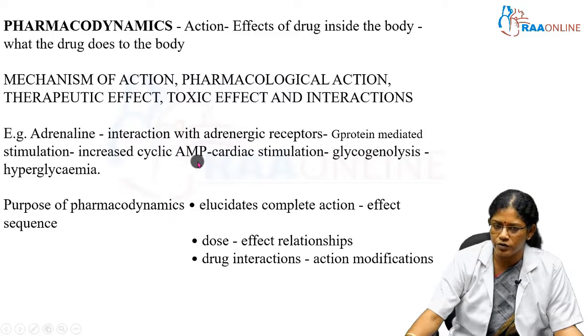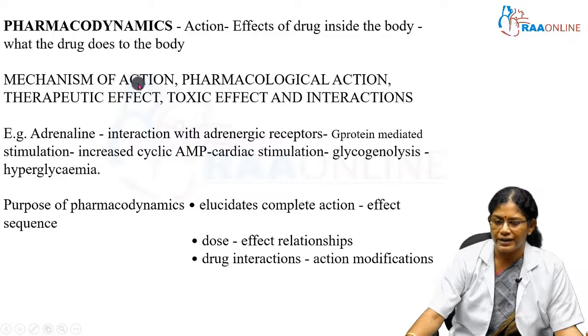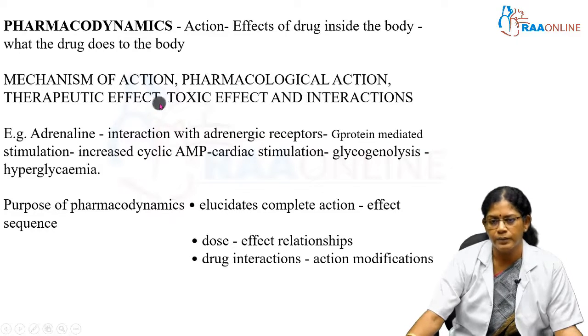These are the effects produced by adrenaline. These are the therapeutic effects. Naturally, adrenaline side by side produces certain unwanted effects. Glycogenolysis, that means it increases the glycogen breakdown, that means the glucose level in our body, which leads to hyperglycemia. So the mechanism of action, pharmacological action, therapeutic effect, toxic effect and interactions are the things we will study under pharmacodynamics.